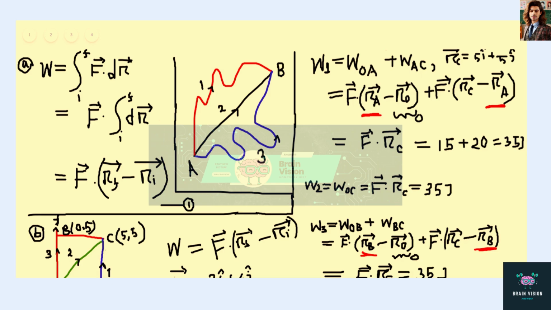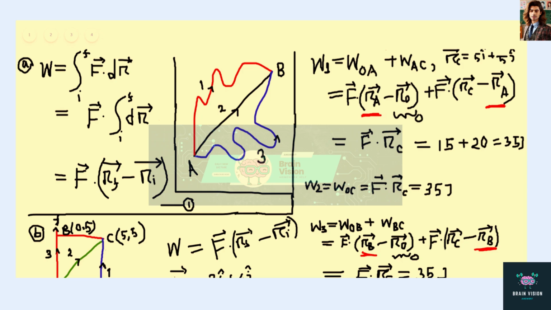Additionally, RO is 0, its coordinate is 0, 0. So we only have F dot RC, where RC is 5i plus 5j. If I do the vector dot product with the given value of F, I will have 15 plus 20, which is 35 joule.